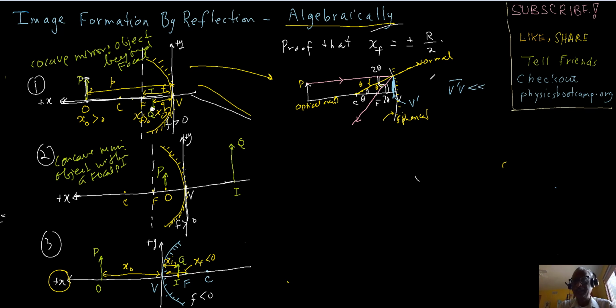It's going to be less than FV, and less than CV. This distance we are calling xf, and this is the distance we are calling x. This distance is the radius. Or just call it f if you like, because it's too much writing x everywhere.